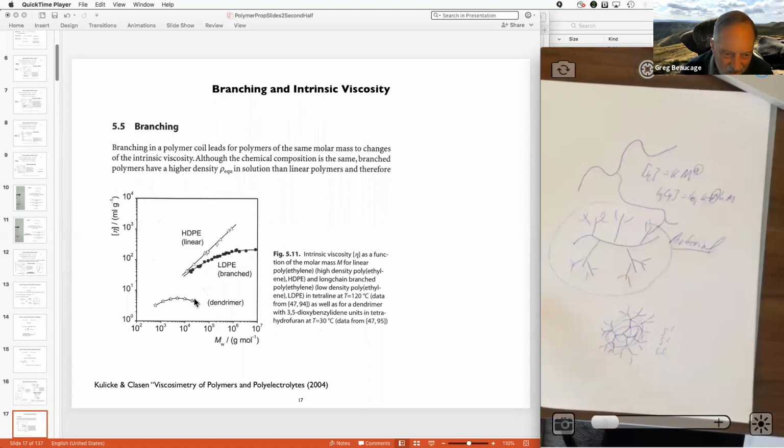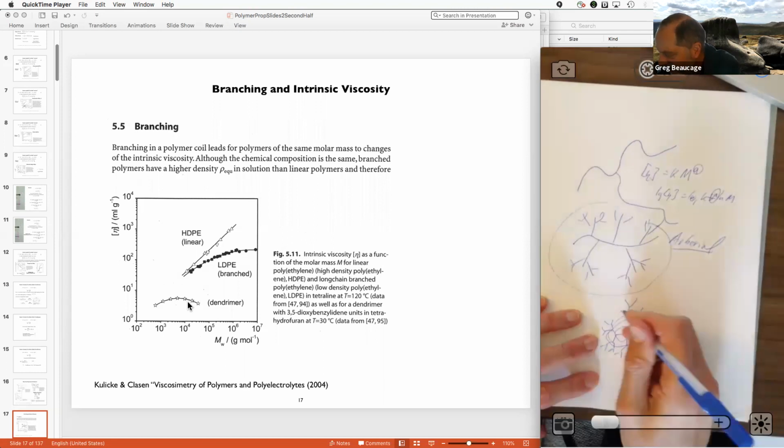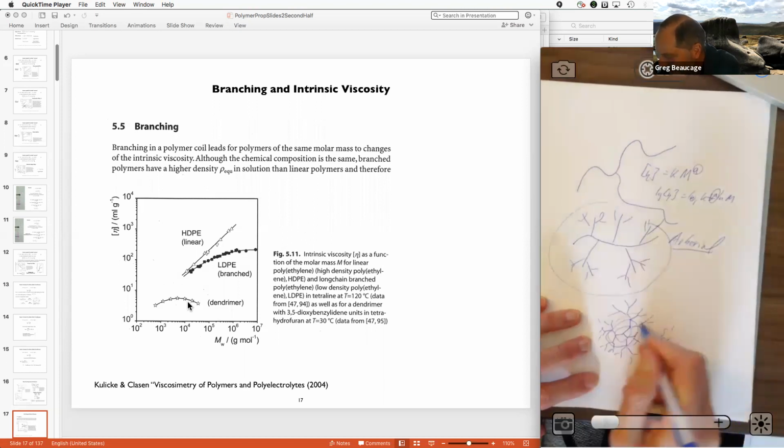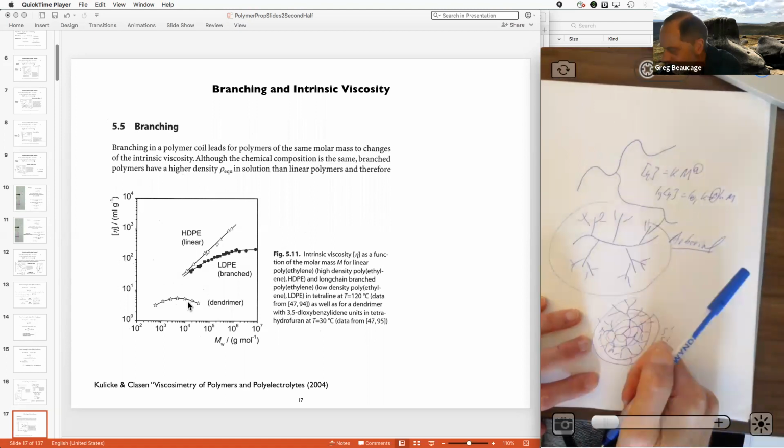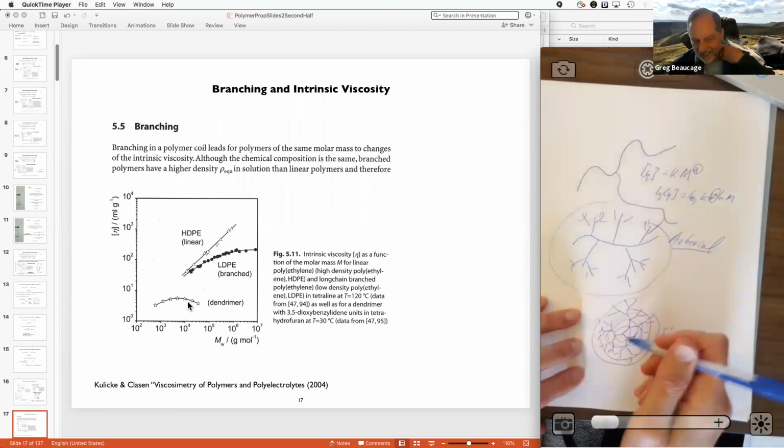The reason it goes down is because who knows why. Basically, it's becoming more and more solid if this thing's curved. So it means that as you go to higher generations, somehow this is becoming more and more like a solid object. Anyway, you can get information out of this.